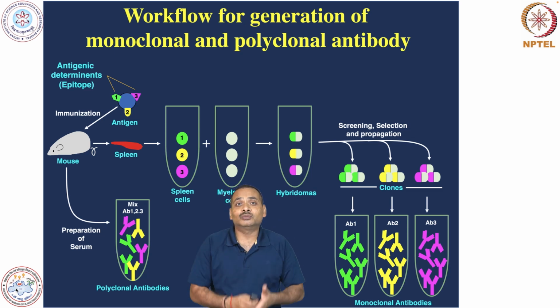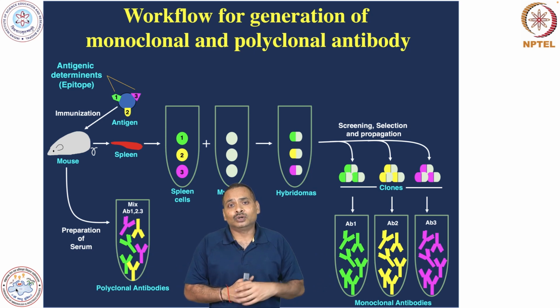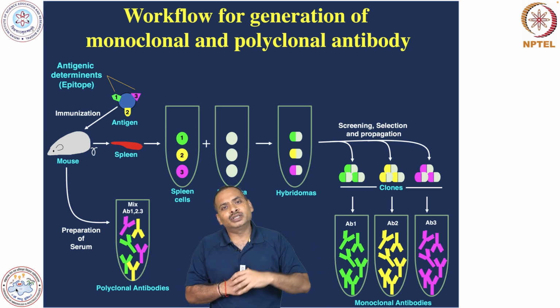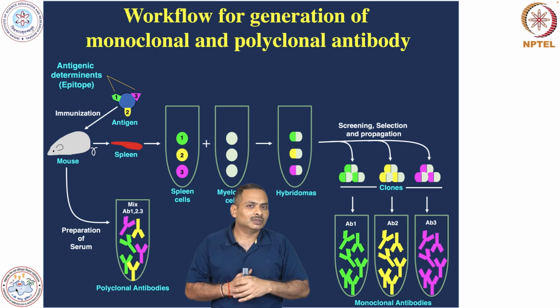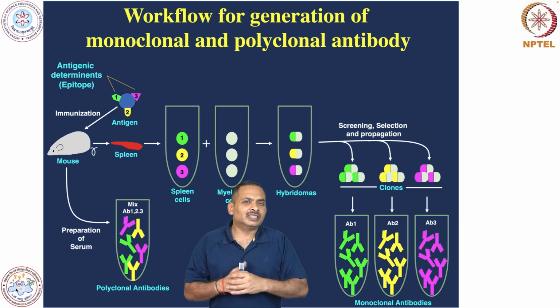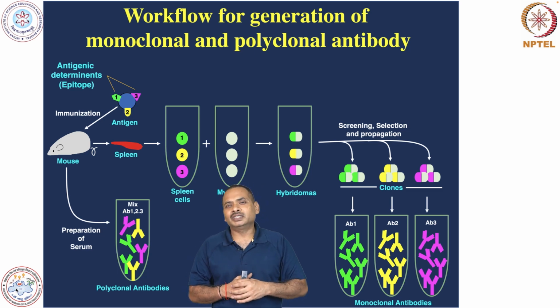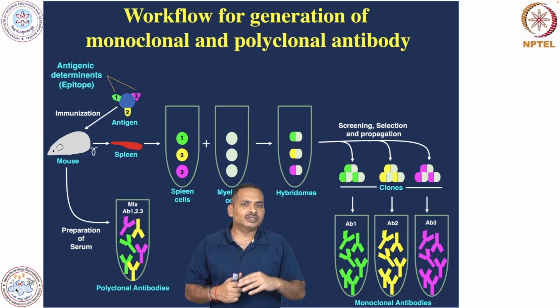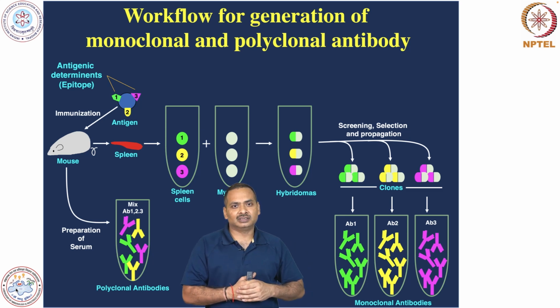The molecular weight is the same; the only difference is the affinity of the antibody with that particular epitope. I am not saying it is practically impossible, but it is extremely difficult to isolate one kind of antibody from a mixture of antibodies. But this is a very simple method.